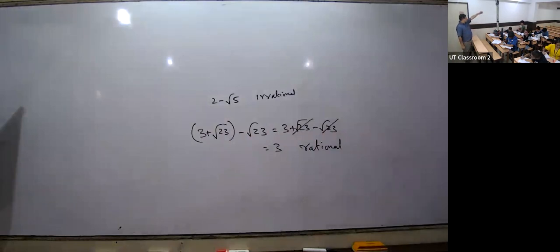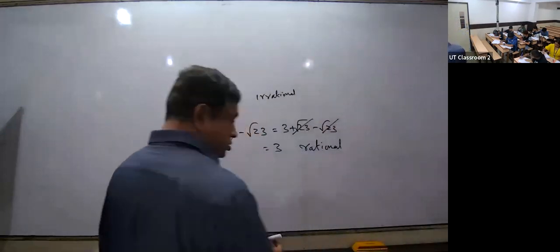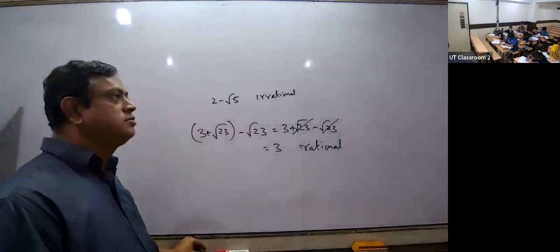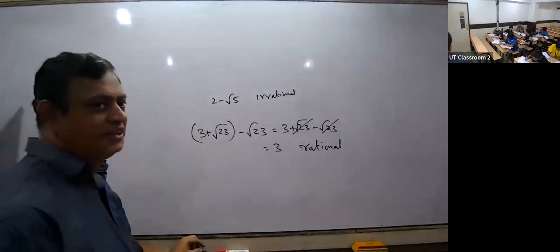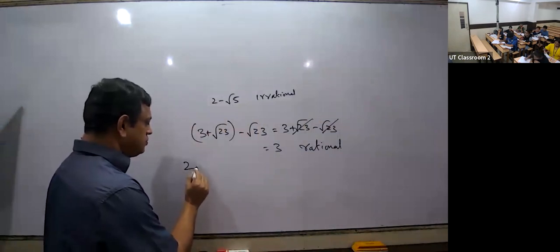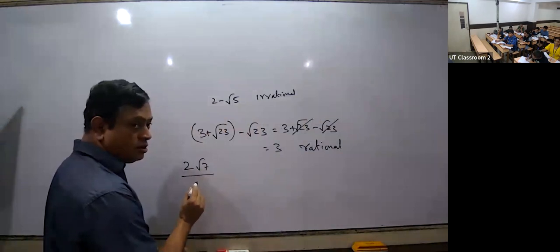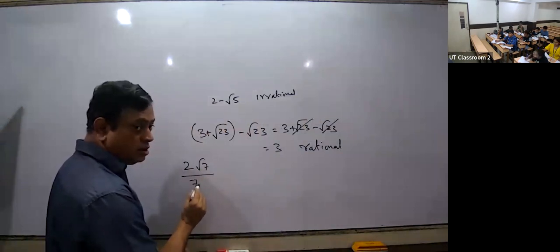Next one, you. Read the next question. 2 root 7 divided by 7 root 7.